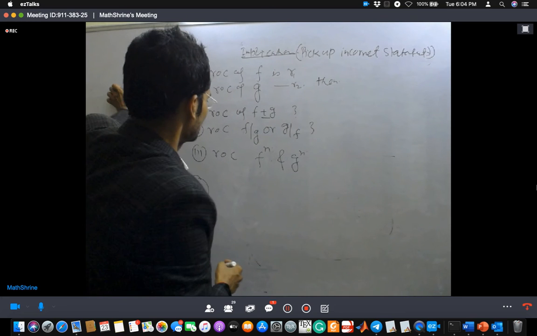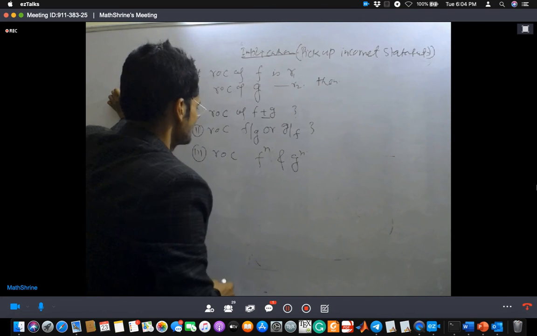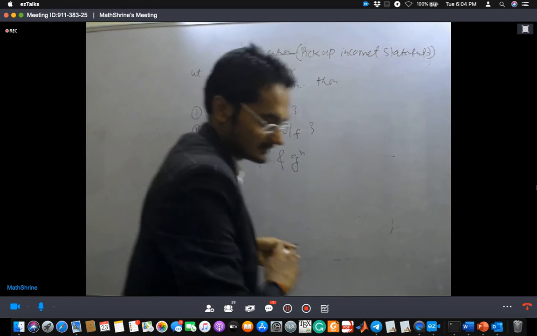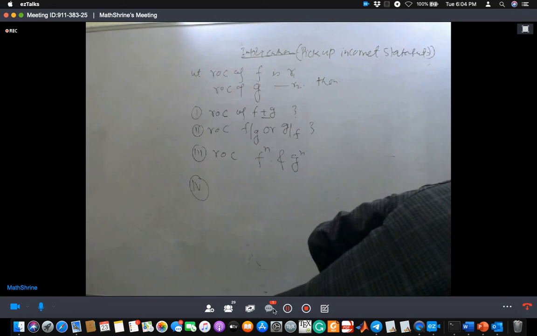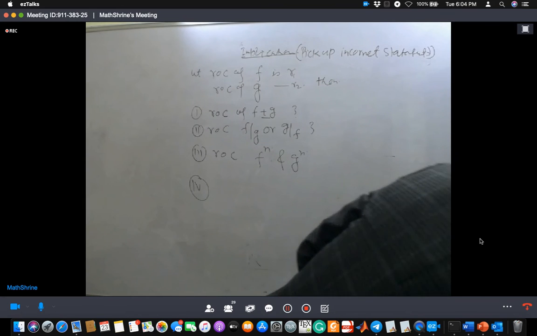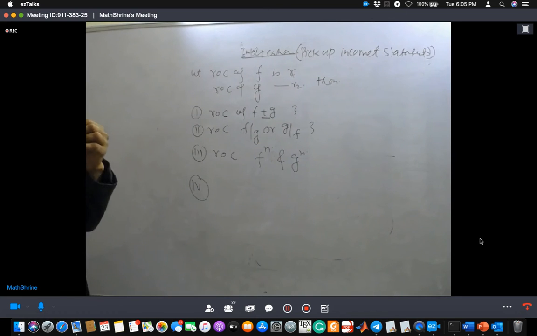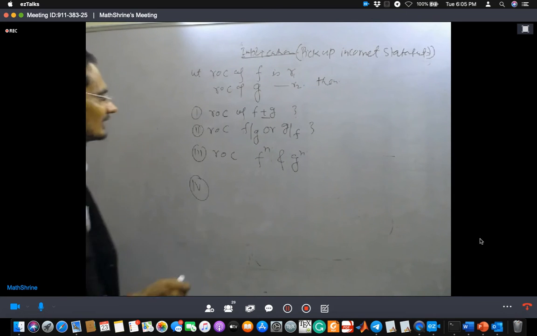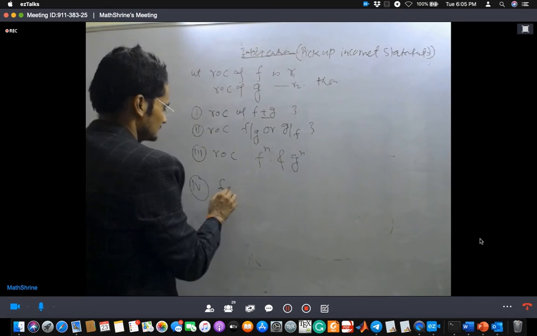Okay, some people are asking some question. Let's see. Our radius of convergence will be 0, I guess. Yeah, maybe. So, something else can be written. Yes. So, f composed with g and g composed with f, if it is defined.